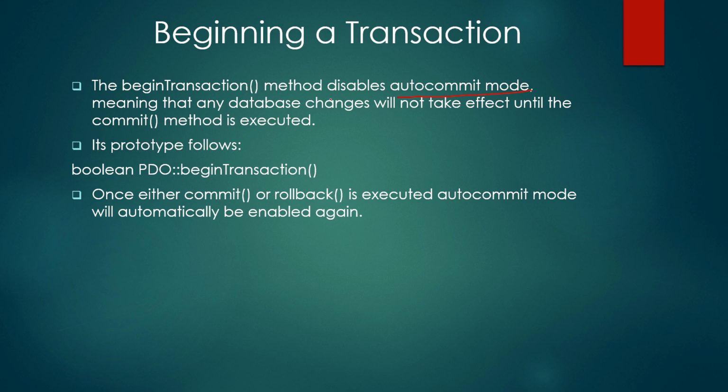So this method will disable this mode, meaning that any database changes will not take effect until the commit method is executed. So when you use begin transaction, it will disable this mode. All the changes that you have done, either inserted any particular row or deleted something, will not take effect until you run this method.